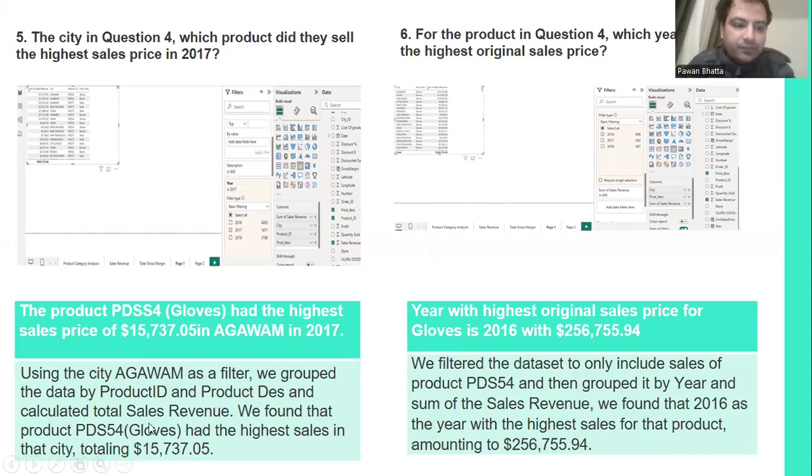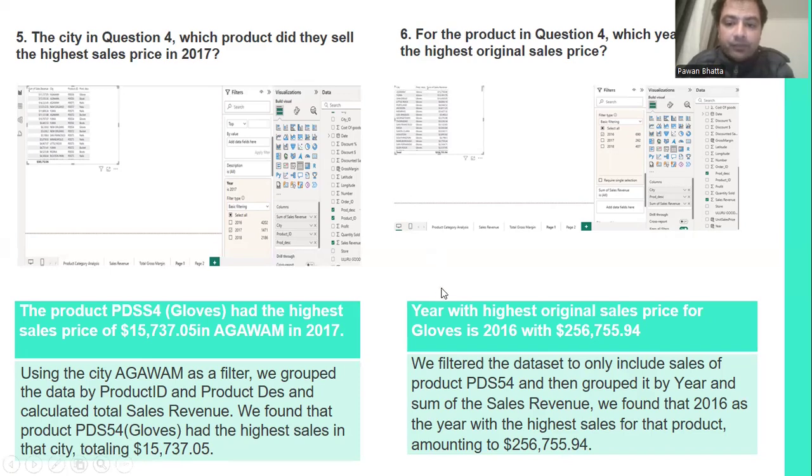For this, we filtered city Agawam, grouped the data by product ID and product description, and calculated total sales revenue. We found gloves had the highest sales in that city, which is 15,737.05.